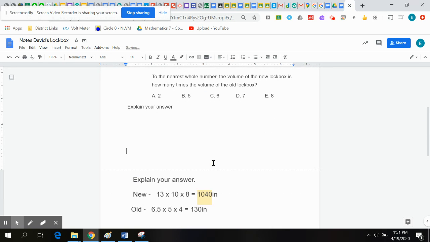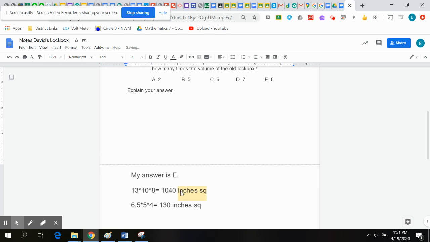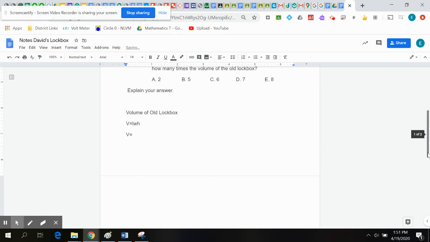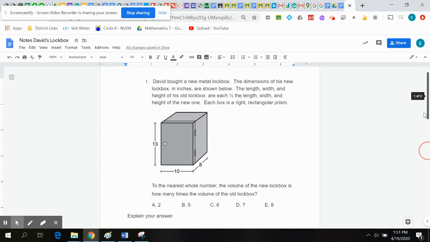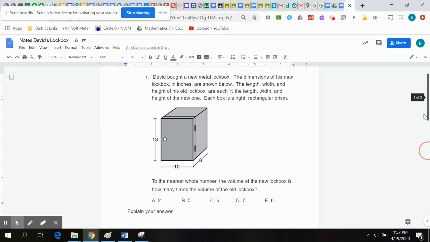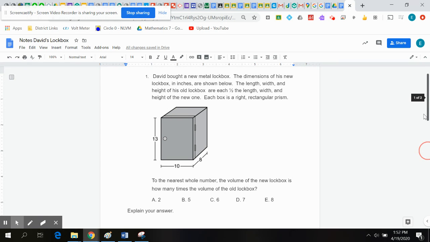Let me show you what I would like for you to have, because we should be attending to precision. So volume of old lockbox. This is a right rectangular prism, so we know our volume equals length times width times height. So our volume equals, now here's what I did not see, maybe but one or two people put on Thursday: 13 what, 10 what, 8 what.